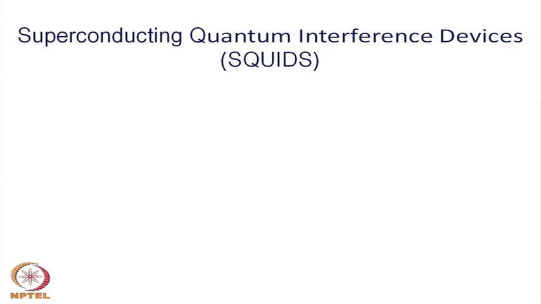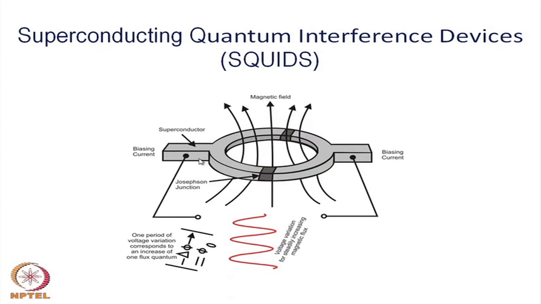Based on this Josephson junction, there is a very important device which has been made and used in practice, that is called SQUID, superconducting quantum interference device. Well, from the construction and design point of view, it is nothing but a double Josephson junction like this, forming a ring.